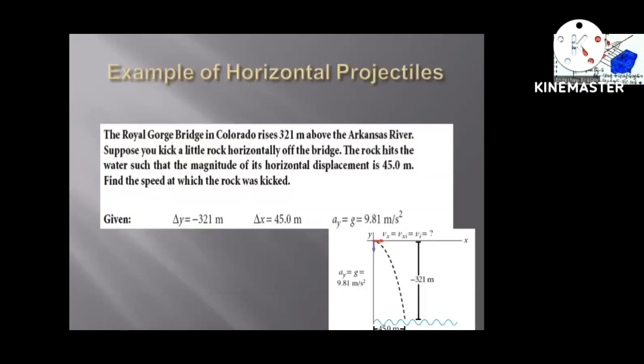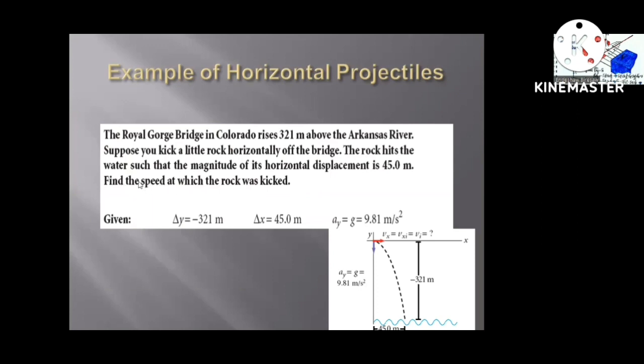Let us see one example of horizontal projectile motion at the Royal Gorge Bridge in Colorado. It rises 321 meters above the Arkansas River. Suppose you kick a little rock horizontally off the bridge, and the rock hits the water so that the magnitude of the horizontal displacement is 45 meters. Find the speed at which the rock was kicked.